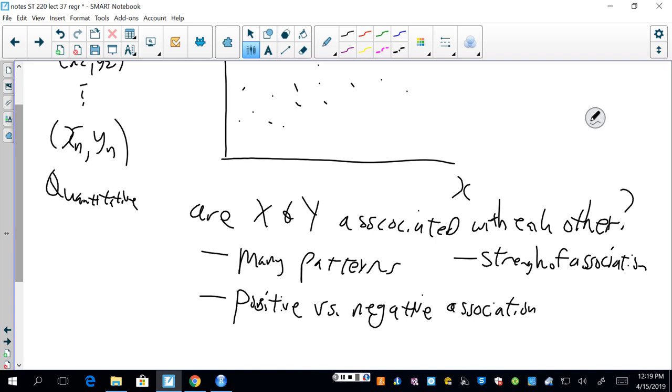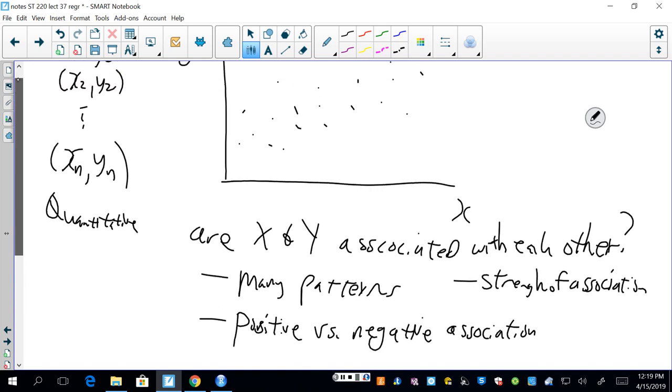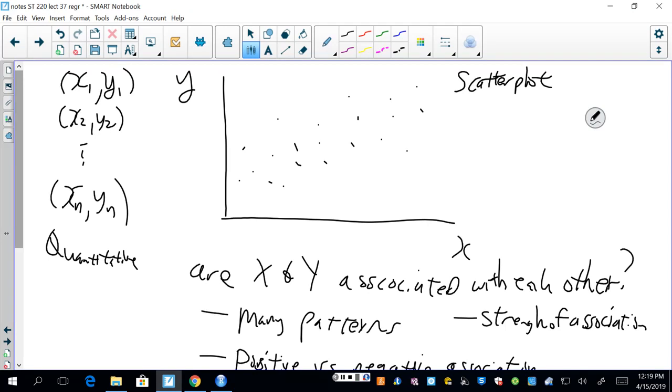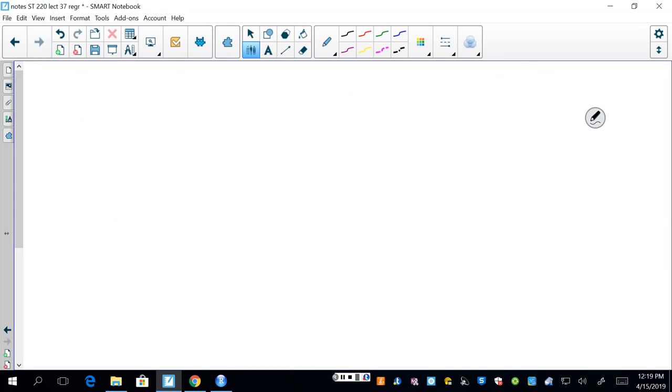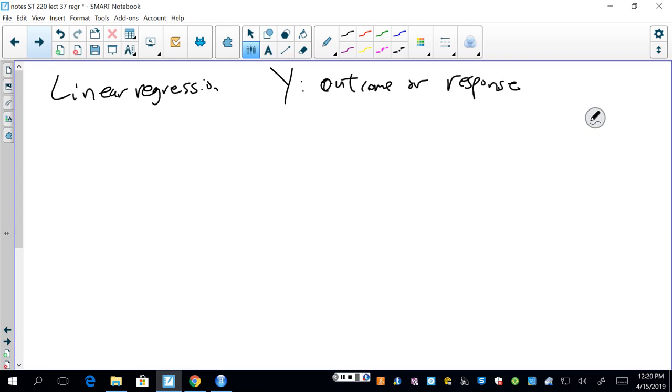And so in linear regression, we are looking for a straight line that's going to predict y from x. We think about y as an outcome or a response, and x as a predictor variable or explanatory variable.